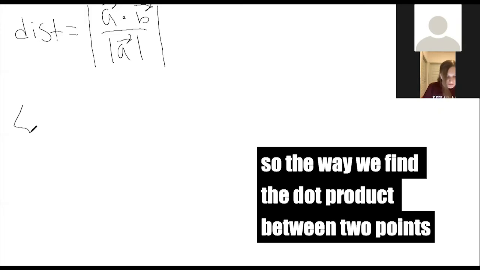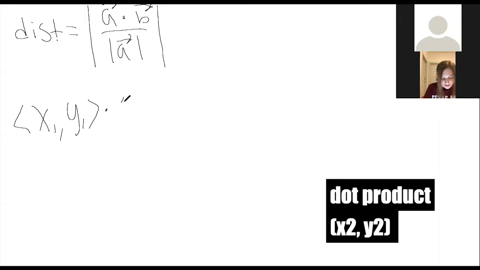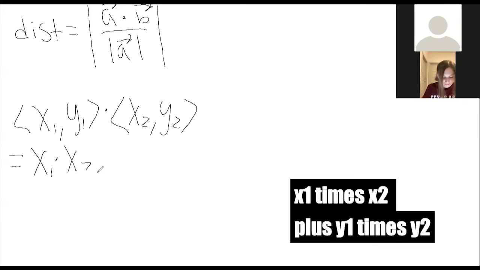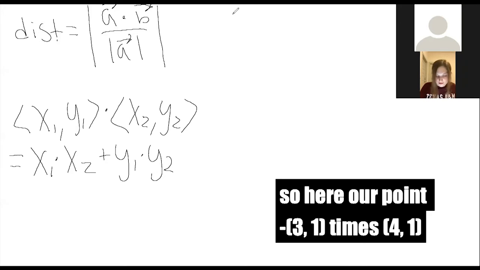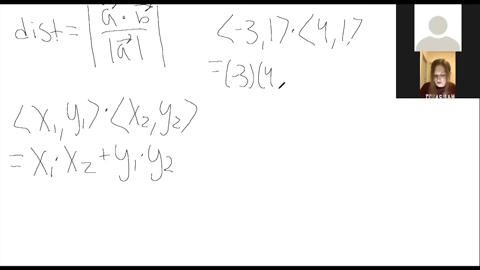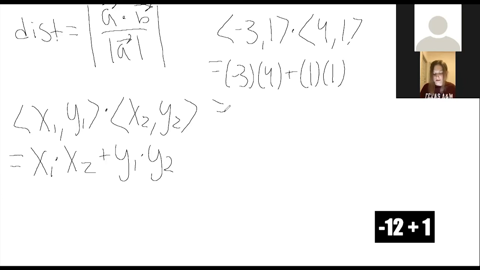The way we find the dot product between 2 points, let's say we have points (x1, y1) dot product (x2, y2), the dot product of this would equal x1 times x2 plus y1 times y2. So here our point (negative 3, 1) times (4, 1), that dot product is going to equal negative 3 times 4 plus 1 times 1, which of course is negative 12 plus 1, which gives us negative 11.